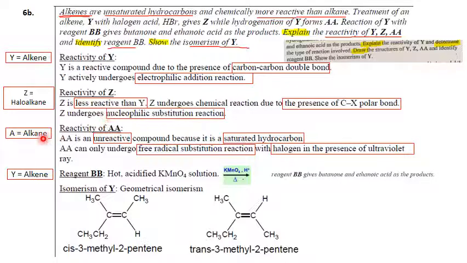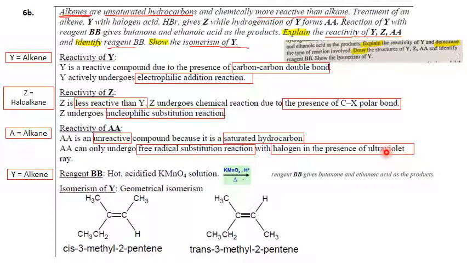So AA is an alkane, unreactive because it is a saturated hydrocarbon, and only undergoes free radical substitution reaction with halogen in the presence of ultraviolet. The function of ultraviolet is to provide energy in order for homolytic cleavage to happen.